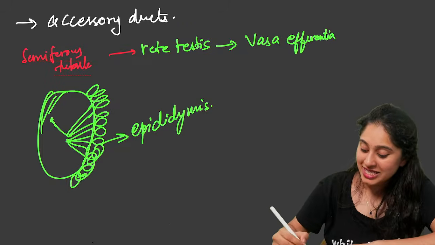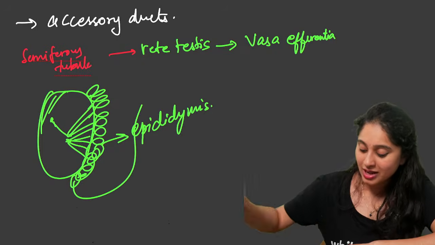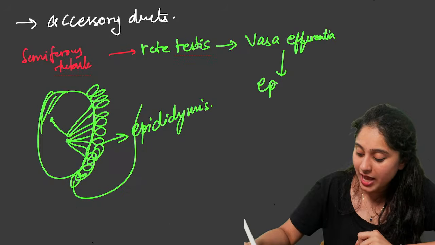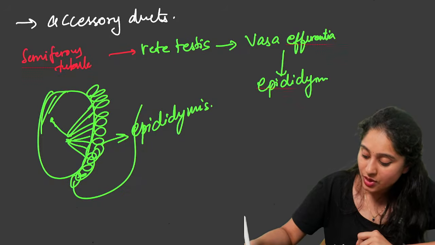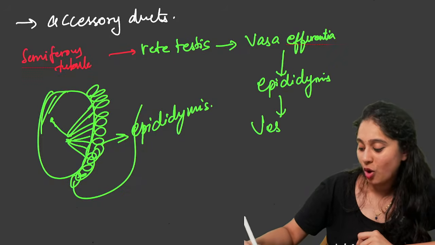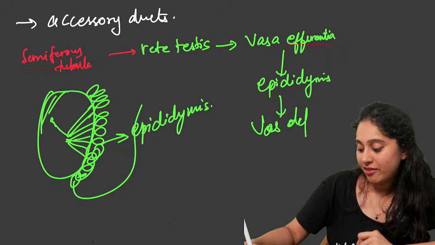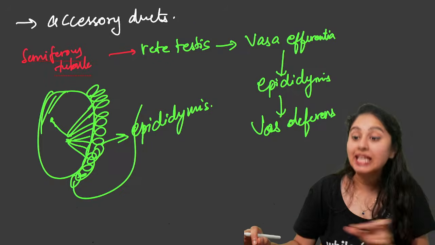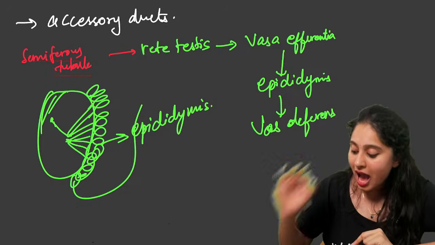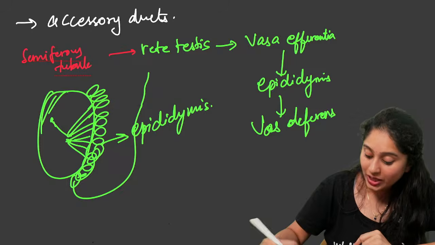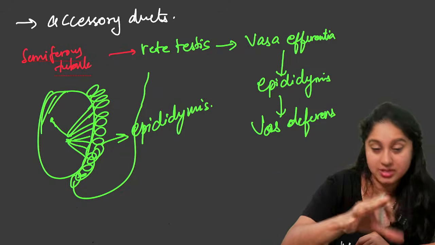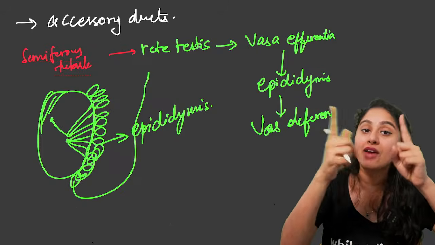Now from this epididymis, we have one long tube called the vas deferens. This vas deferens is going to carry the sperms up into the abdomen, where we have particular glands called the seminal vesicles. The seminal vesicles have a duct.